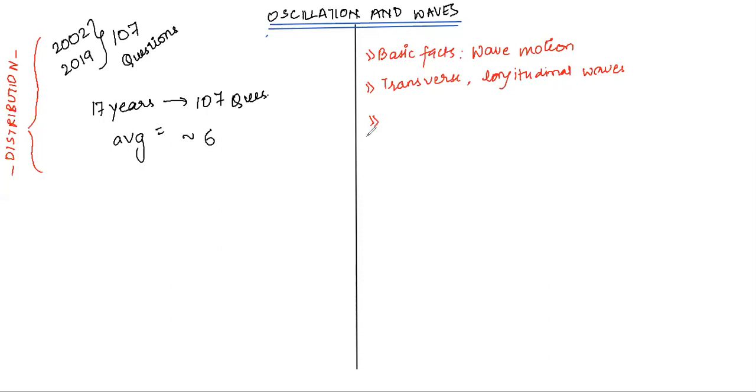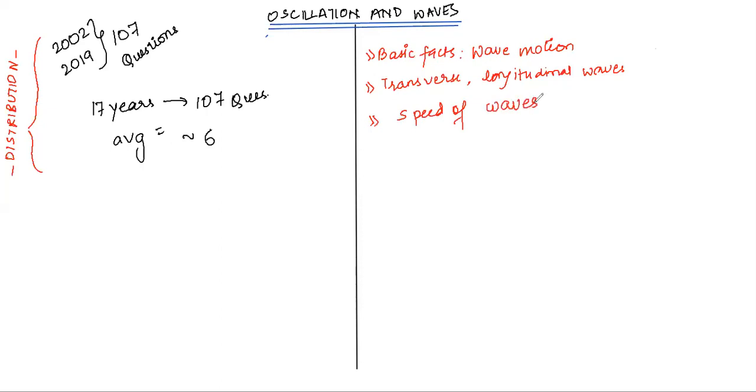Then it talks about longitudinal waves, transverse waves, and also about the speed of mechanical waves. And what are mechanical waves? Very important. So I'll just write speed of waves.